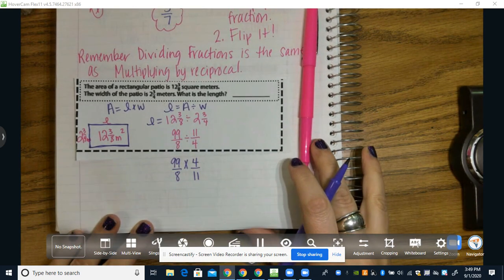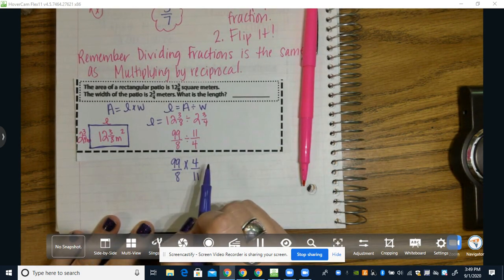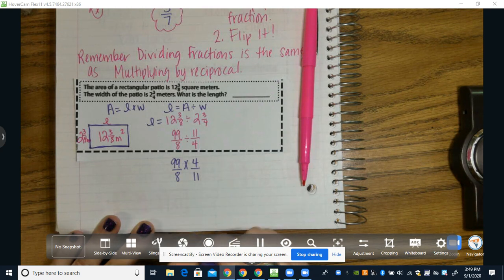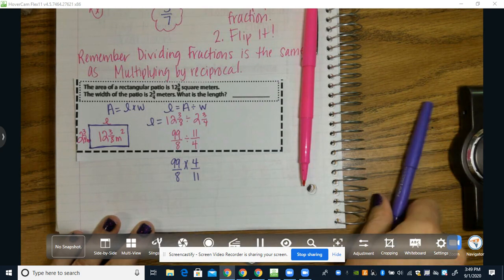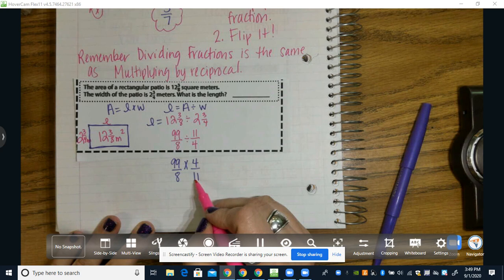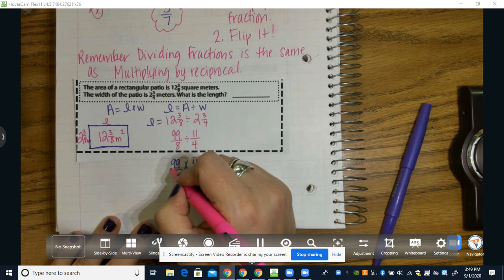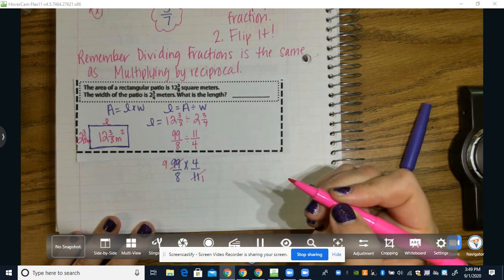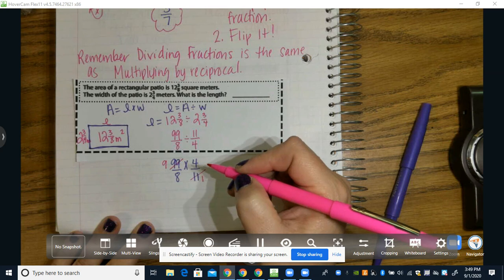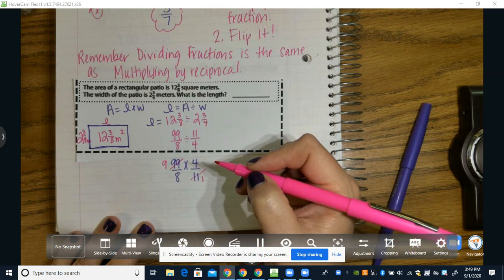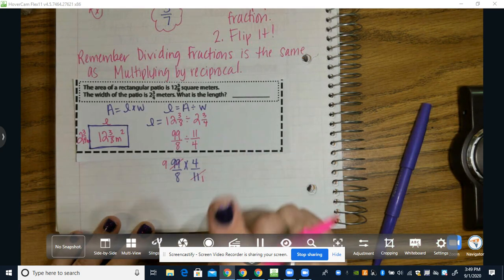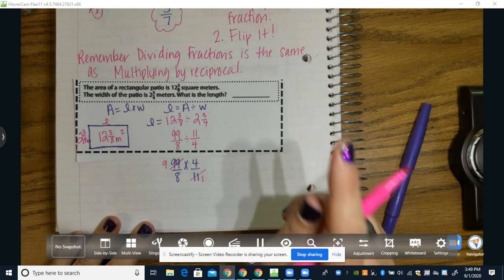Now, we can sit here and multiply 99 by 4 and 8 times 11, but let's see if there's a way we can simplify it. Okay, 11 and 99 are both divisible by 11. So that 11 becomes a 1, and that 99 becomes a 9. 4 and 8 are both divisible by 2, but 4 is the larger number they're both divisible by.